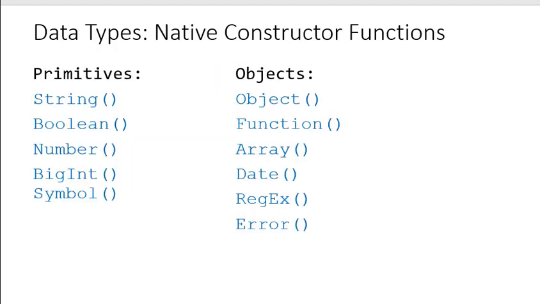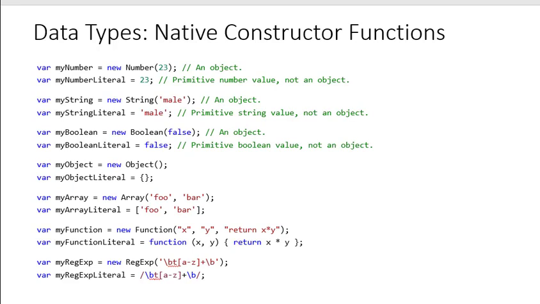There are more than 11 built-in constructor functions in JavaScript. Constructor functions are available for all primitives and object types except null and undefined. Understanding these will greatly help you to understand JavaScript. But most often, you will use the literal or shorthand syntax for creating variables instead of using native constructor functions.